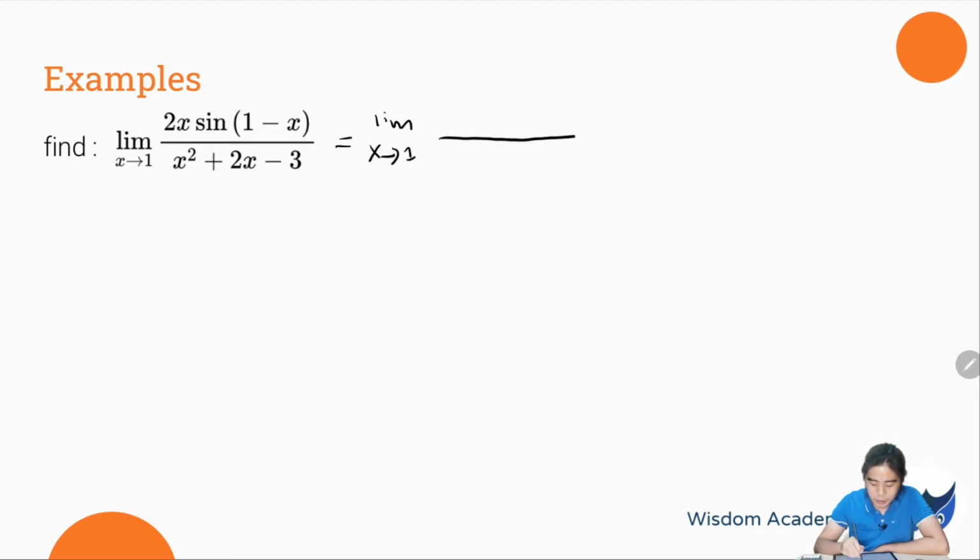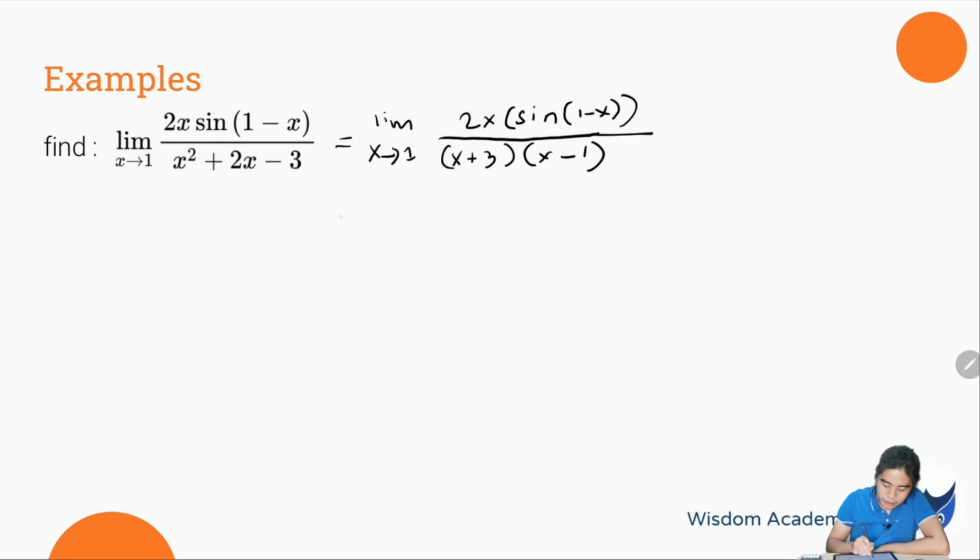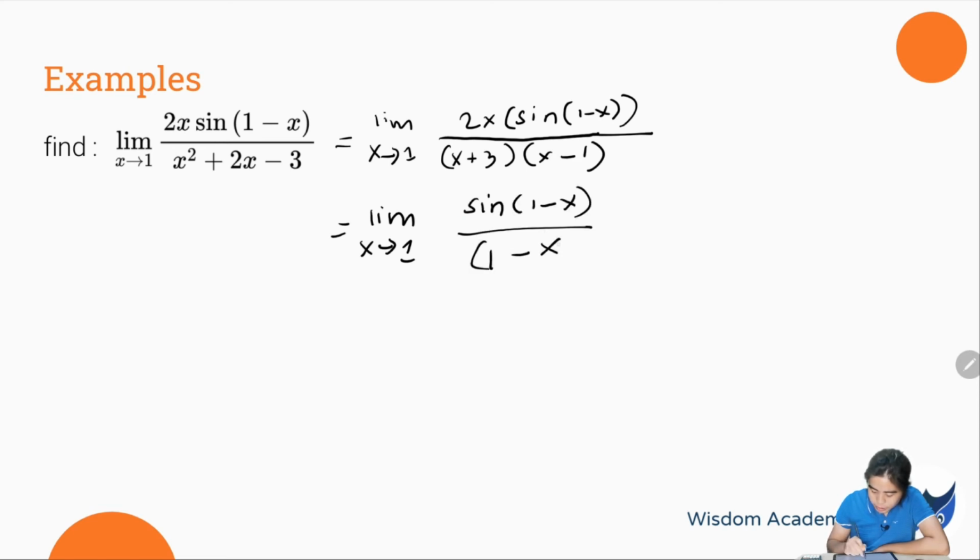Nasasanay na kayo na kapag merong polynomial function, ifa-factor out natin sila. Okay? Then, hiwalay natin si sine 1 minus x and 1 minus x dito. And since nag-multiply tayo ng negative 1 dito, mag-multiply din tayo ng negative 1 sa x plus 3.